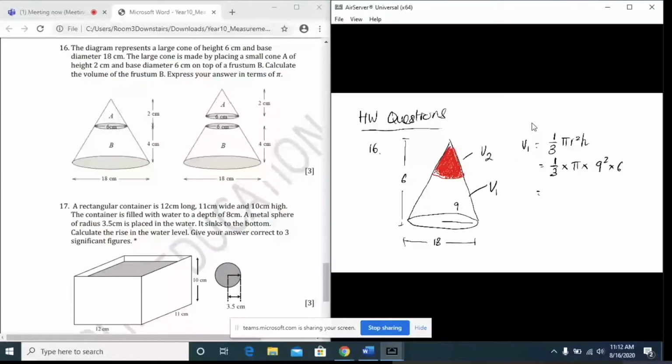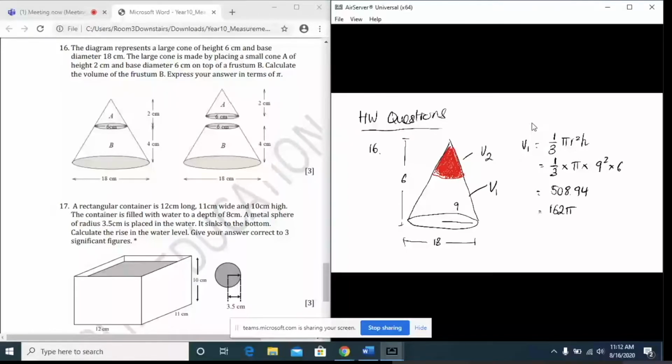Let's have a look at what we're going to get when we do that. We're going to get 508.94. Now you can put that to its exact form, and I believe that would be better if you do that. If you decide to put it in its exact form, we're going to get 162 pi.